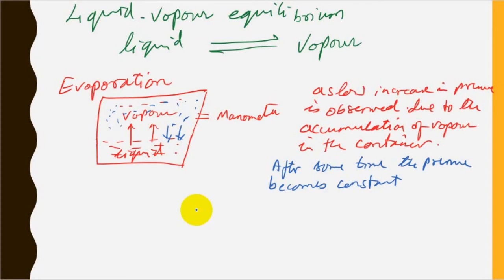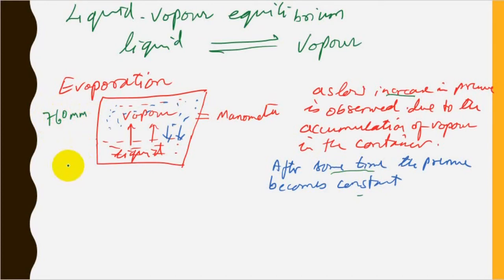Understood? So now look here. What you have to know here is this. Just now I told you the pressure increases. There's a steady increase, and then after some time it becomes constant, isn't it? It becomes constant means the inside pressure is more. Suppose the outside pressure is 760 mm. That is your normal atmospheric pressure.